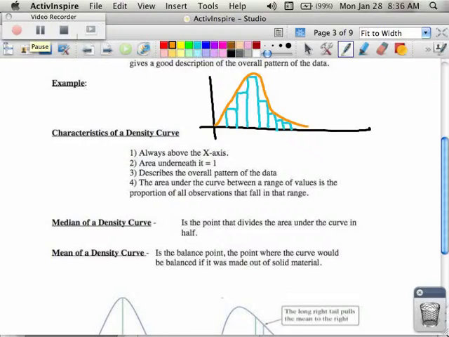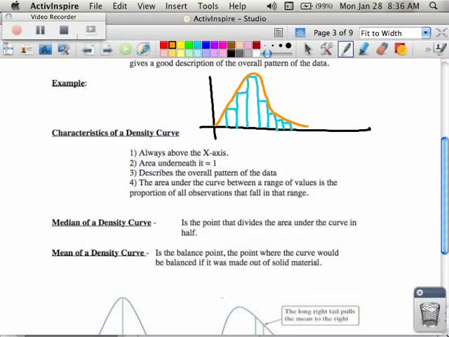So when we're dealing with density curves, which a lot of people will call the normal curve, there are 4 really important characteristics that you have to know. Like you got to know this stuff cold. Number 1, your density curves are always above the x-axis, never below. Number 2, the area always totals 1, no matter what.